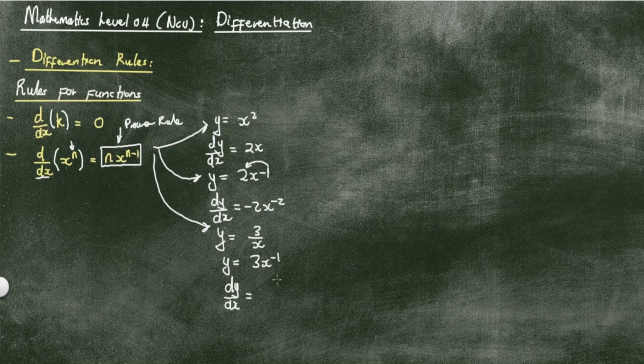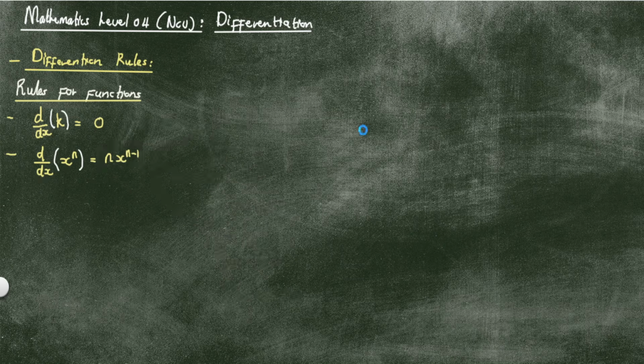Now I can differentiate again. This 1 will multiply that 3, so we get minus 3x raised to exponent minus 2. From the 1, I'm going to subtract 1. This is what I have. Okay, this is my derivative. This is the power rule.